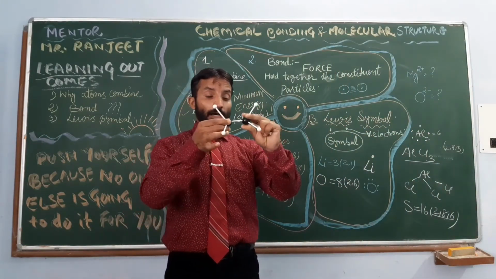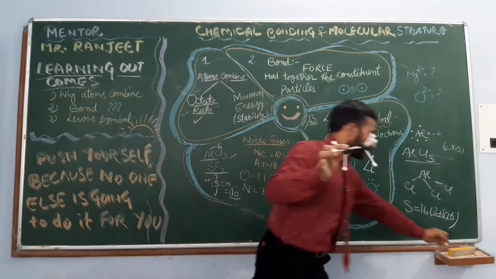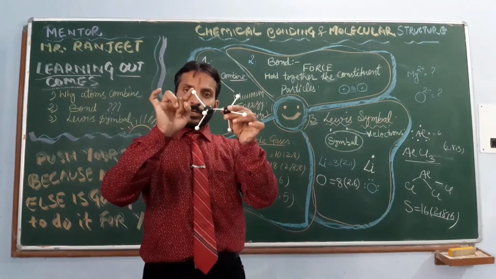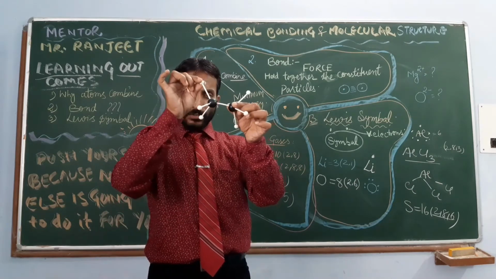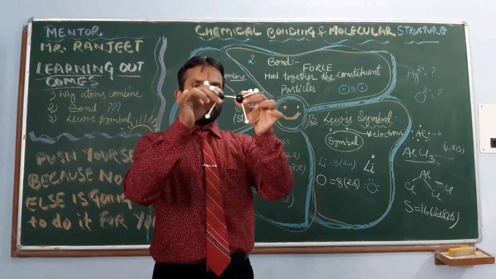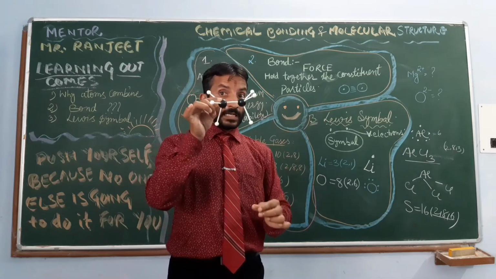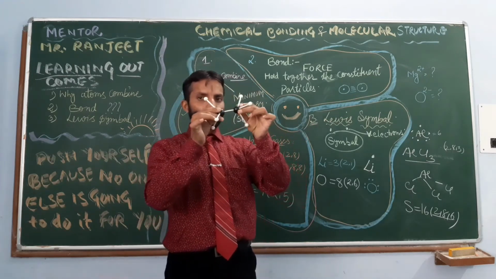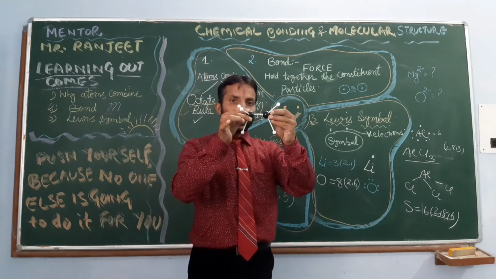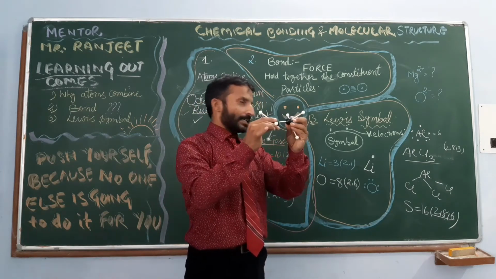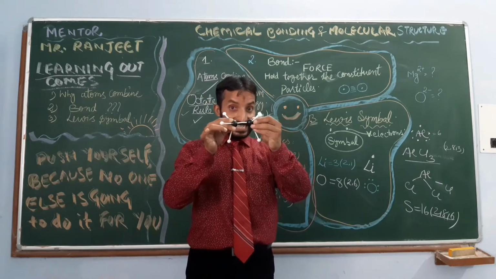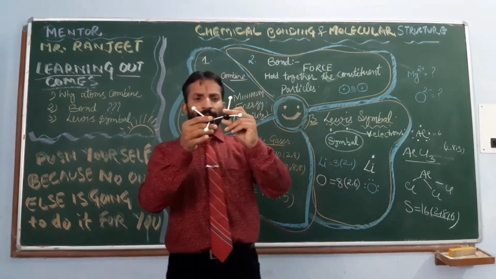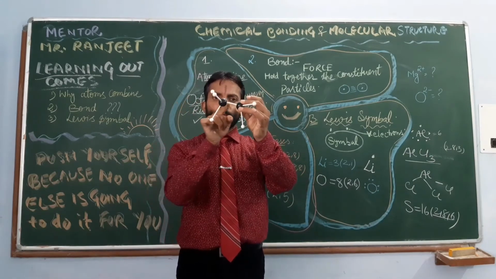By the ball and stick model, assume this is hydrogen, the white ball, and the black ball here is assumed as carbon. So it is the structure of which compound? C2H6. It is ethane. Our way to understand here is different. For example, this bond is formed.